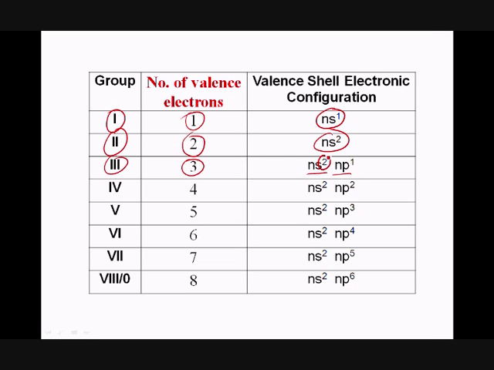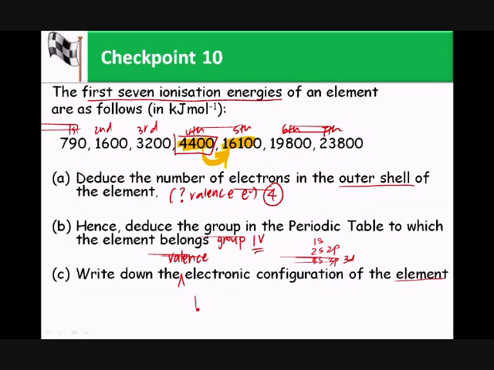You realize 2 plus 1 equals 3, and so on and so forth. So in this case, since you have already determined it has 4 valence electrons, we know that it is in group 4. So the valence shell electronic configuration will simply be ns2 np2. This will be the answer for part C.